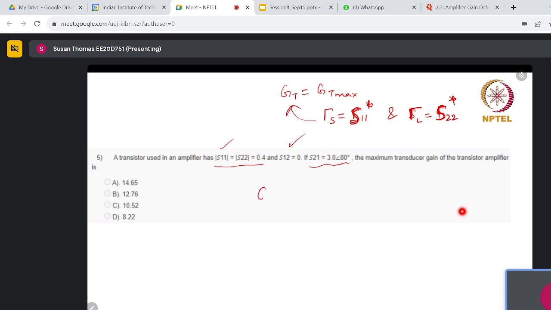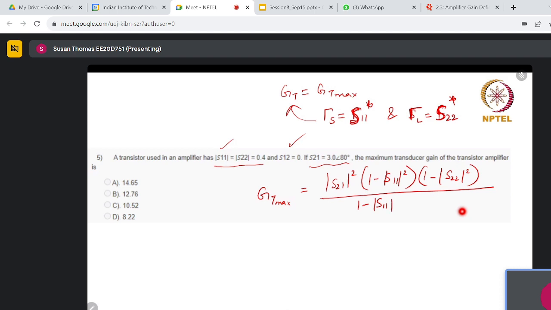So if you take the equation for transducer gain, GT max is modulus of S21 square into 1 minus modulus of S11 square into 1 minus modulus of S22 square, divided by 1 minus modulus of S11 square times 1 minus modulus of S22 square, the whole square.